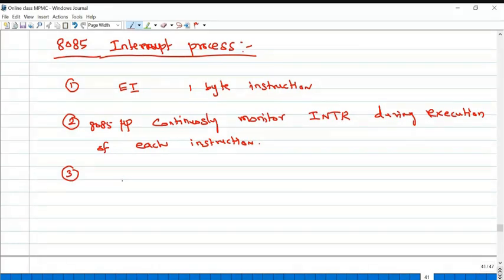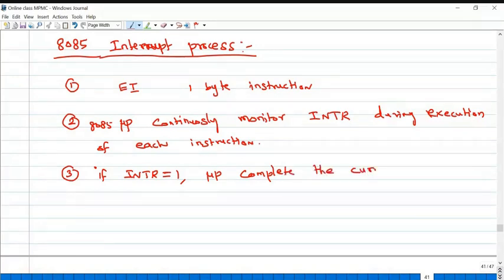Okay, right. Next, third, if the INTR line goes high, that is an interrupt request received by the microprocessor. Once the INTR line goes high, the microprocessor completes the current execution.